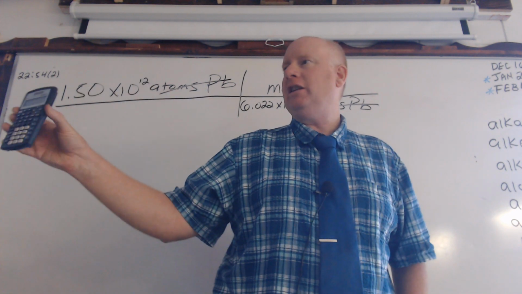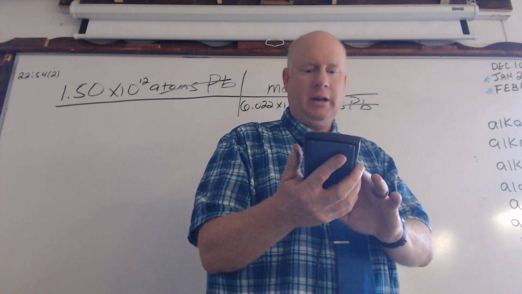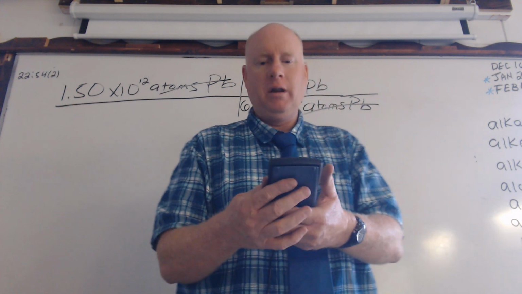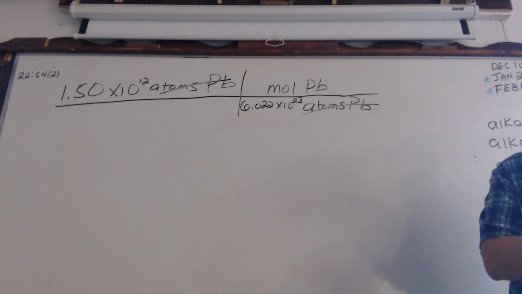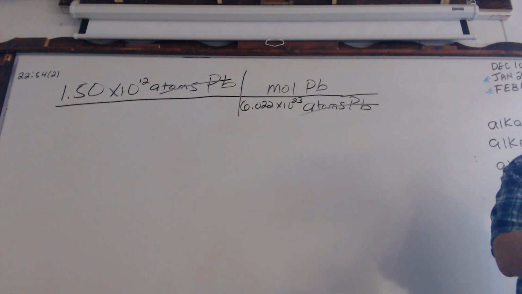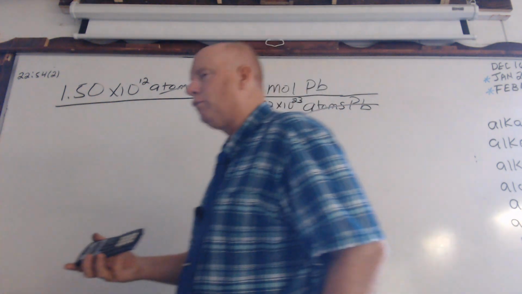Then an e should pop up on your calculator. Okay, then we should get a 12. You punch that in, and we divide that by Avogadro's number. In 2.49 times 10 to the negative 12th.